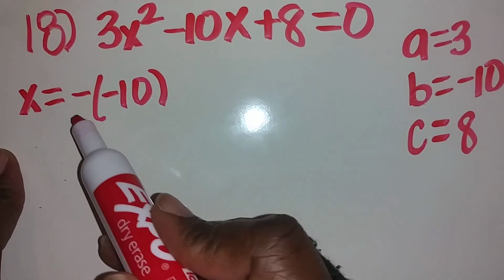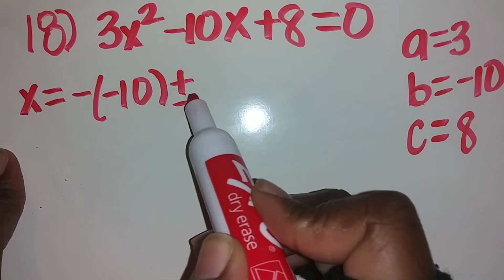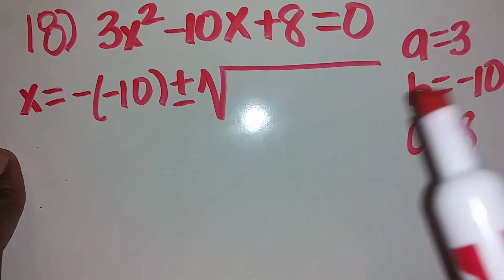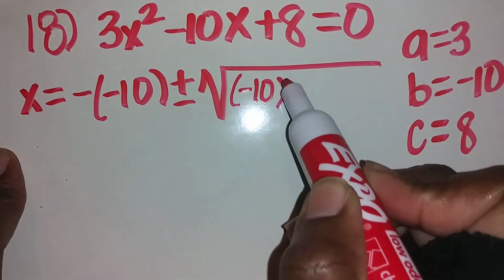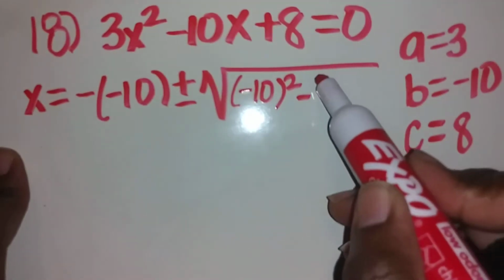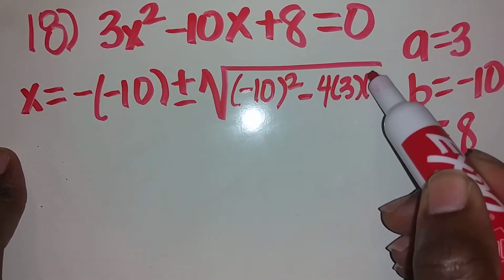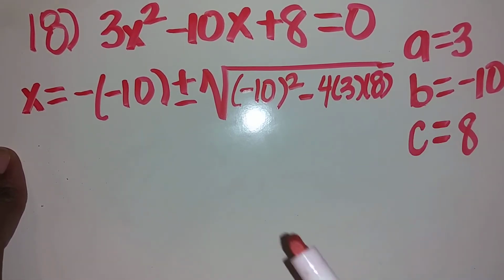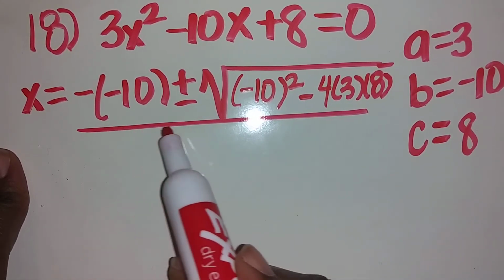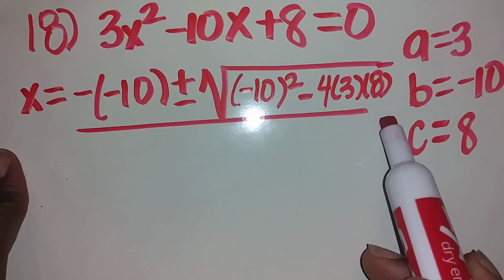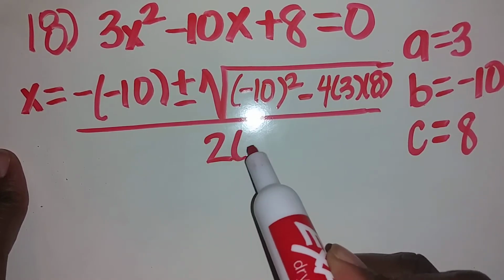Or you can skip a step and say negative times negative is positive, plus or minus the square root of b, which is negative 10, squared minus 4, a is 3, and c is 8. And it's all over, make sure your fraction bar goes across the whole top part. 2 times a is 3.